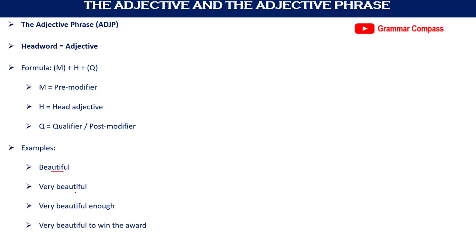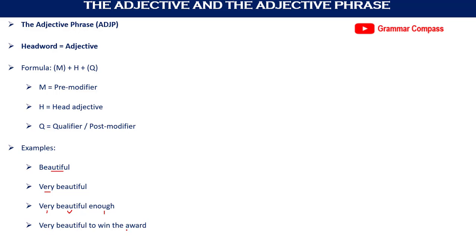Very beautiful is an adjective phrase, but this time it has a modifier which is modifying the adjective head. Now, very beautiful to win the award is also an adjective phrase. The head word is beautiful and it has a pre-modifier and then a post-modifier. Here, very is a pre-modifier.